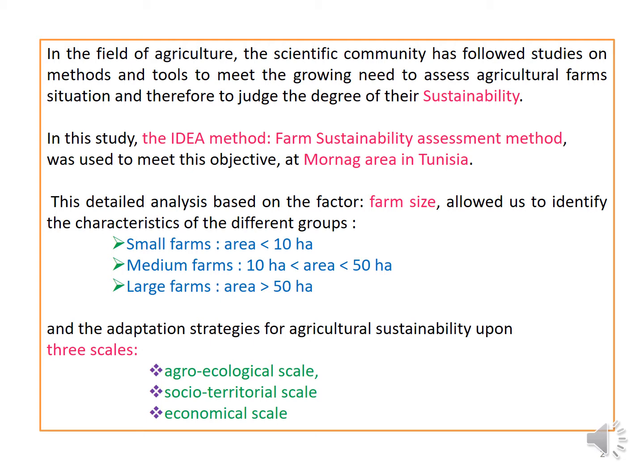Small farms whose area is less than 10 hectares, medium farms whose area is between 10 and 50 hectares, and large farms whose area is more than 50 hectares. And the adaptation strategies for agricultural sustainability upon three scales related to the IDEA method, which are agroecological scale, socio-territorial scale, and economical scale.